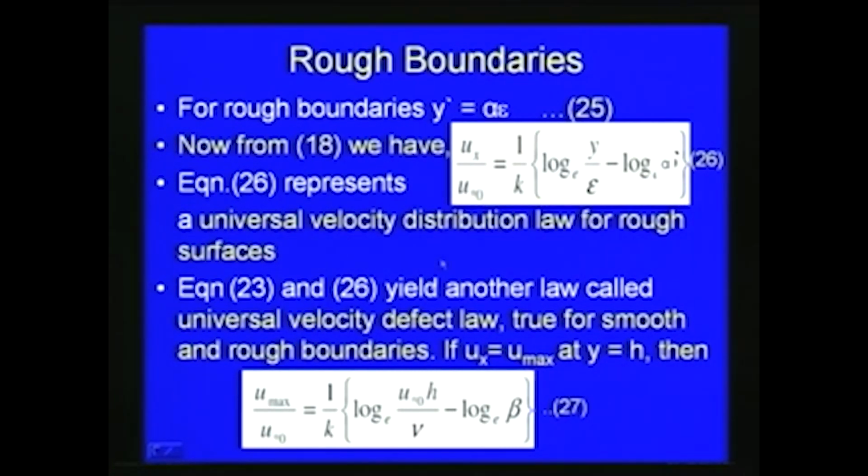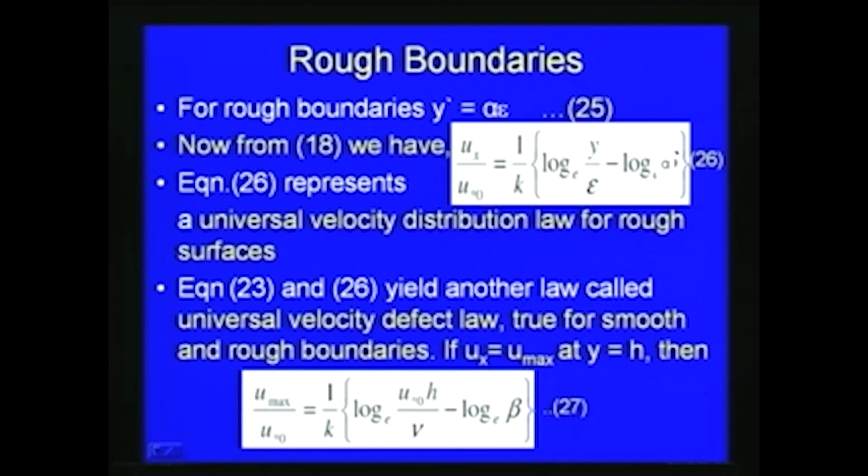Now, by using our earlier equation number 18, we can write u_x by u*_0 is equal to 1 by kappa log e (y by epsilon) minus log e alpha, equation number 26. This equation number 26 represents the universal velocity distribution law for rough surfaces. We have already seen a universal velocity distribution for smooth surfaces, and now equation number 26 gives the universal velocity distribution law for rough surfaces.